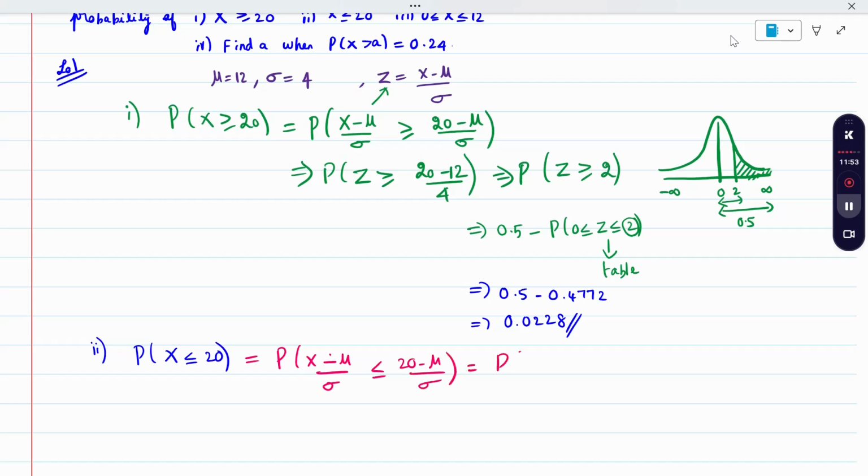So it's nothing but probability of z is less than or equal to 20 minus mu, which is 12, divided by 4. So the same, probability of z less than or equal to 2, I will be getting.